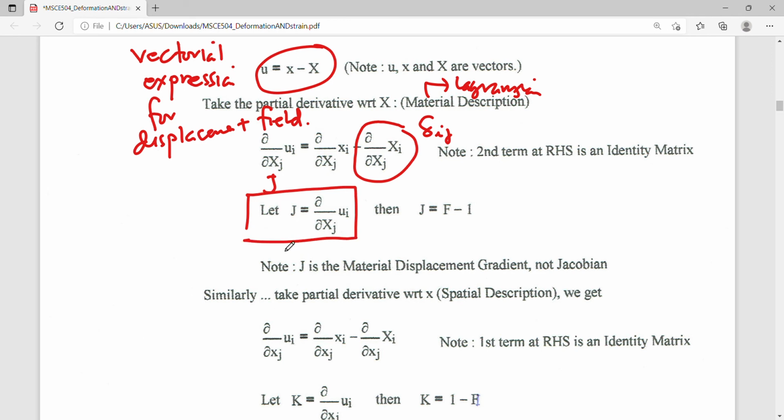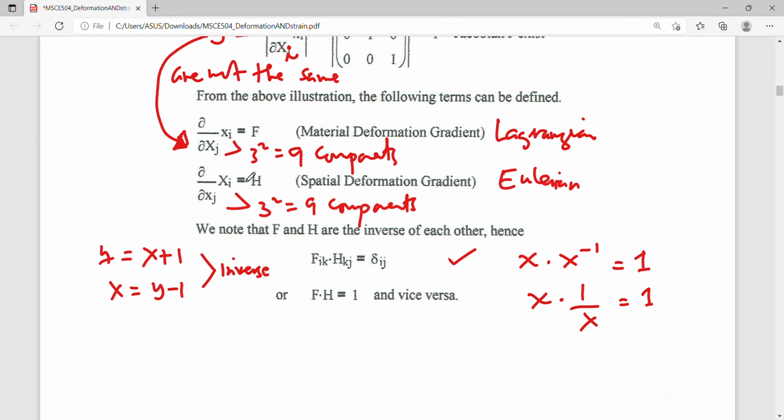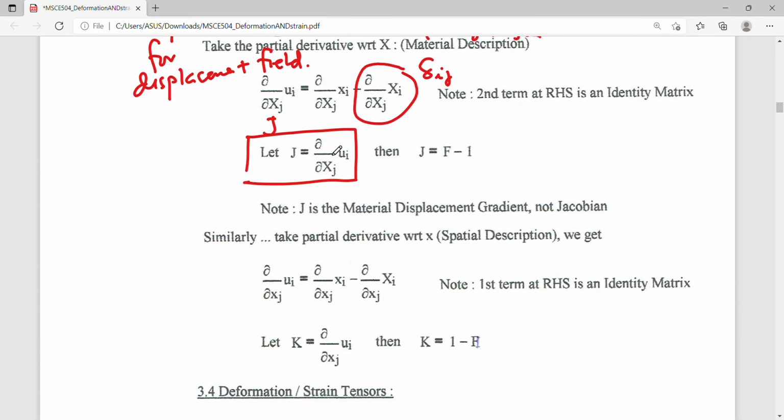Okay, so if we let J be this one, and we know that this is F as defined above here. Okay, so this is F, a little bit confusing. So this is F, and this is a Kronecker delta, which is simply in a straightforward equation equivalent to 1.